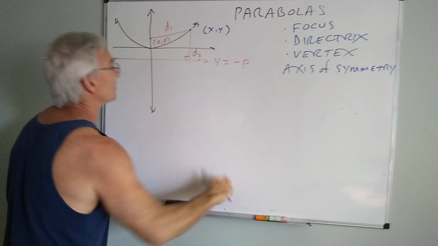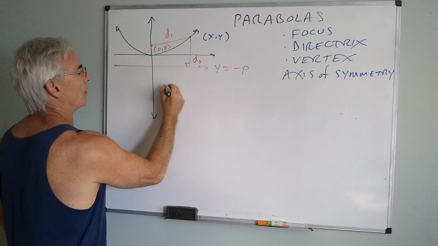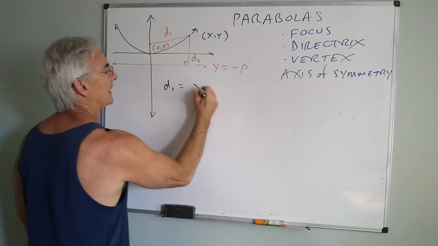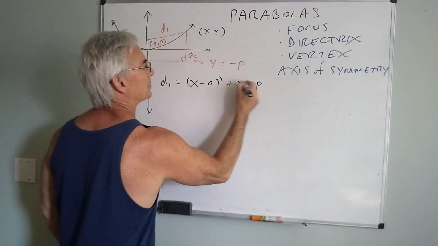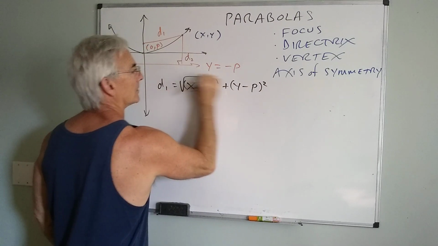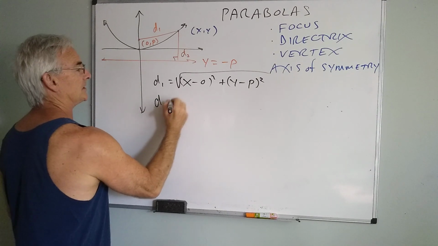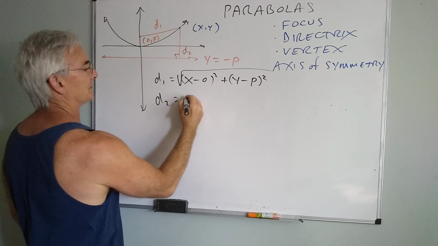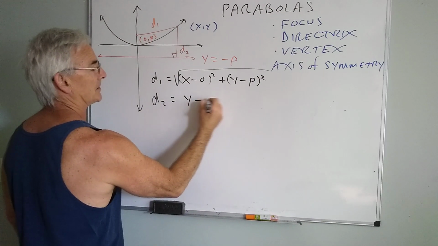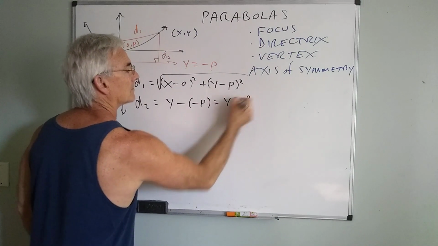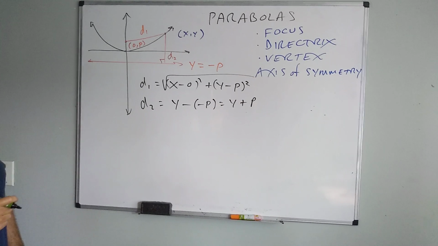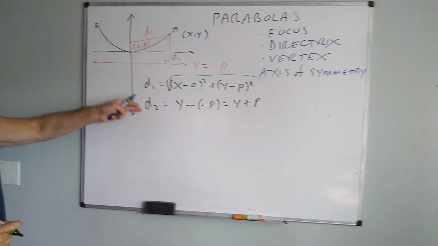So using our simple distance formula, d1 would be the square root of x minus 0 squared plus y minus p squared. d2, which is the simple vertical distance, is just y minus negative p. So setting these two equal, the easiest way to solve would be to square both of them.